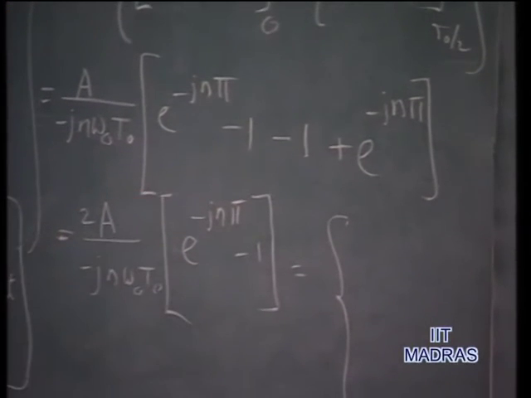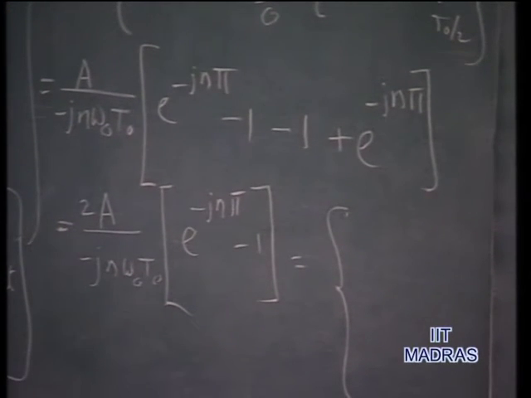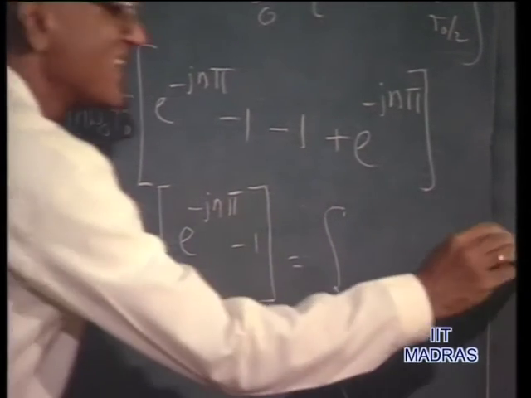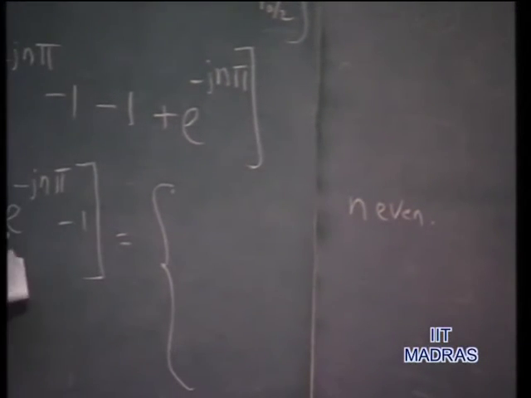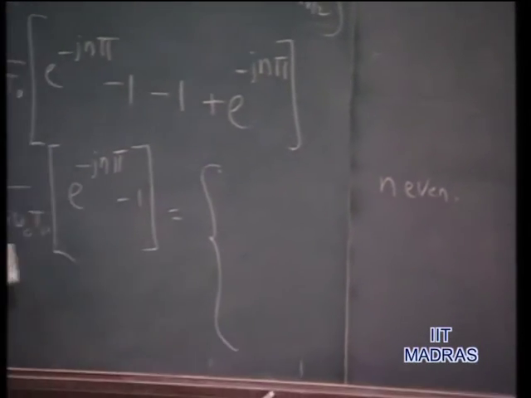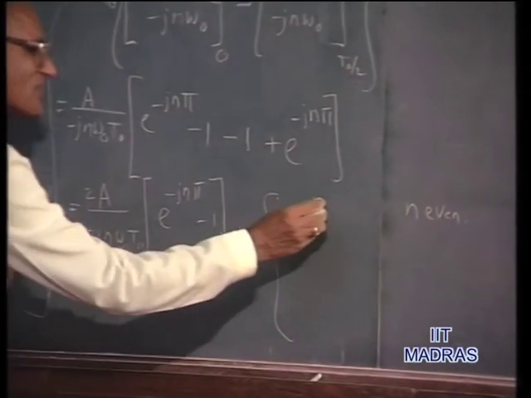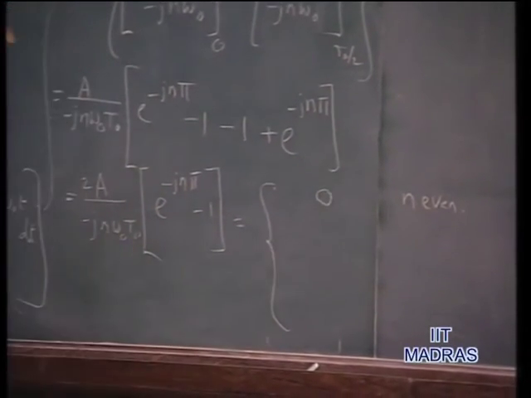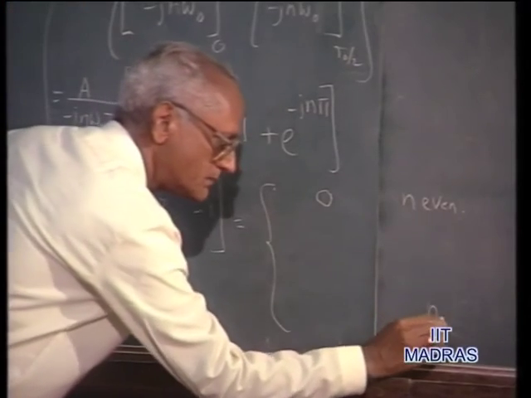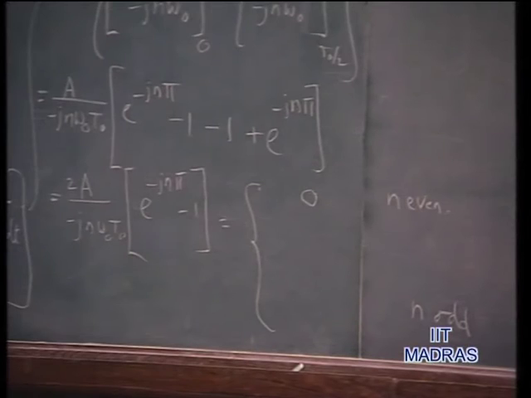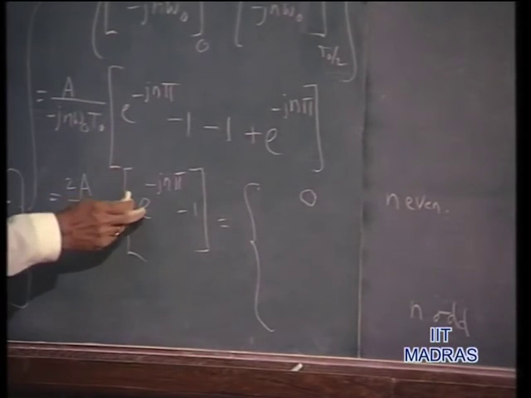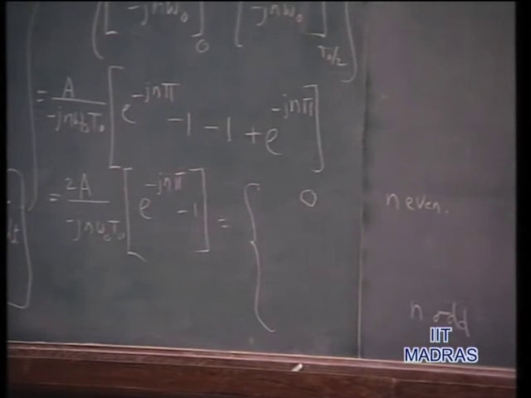And e to the power of minus jn pi is either plus 1 or minus 1 depending upon the value of n. Therefore, if n is even, this becomes 1, and this leads to 0, 1 minus 1. If n is odd, then e to the power of the angle is an odd multiple of pi. Therefore, this is minus 1.